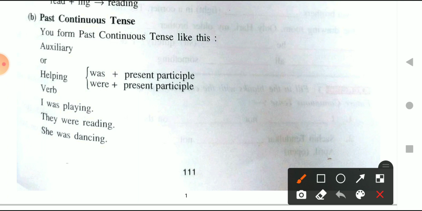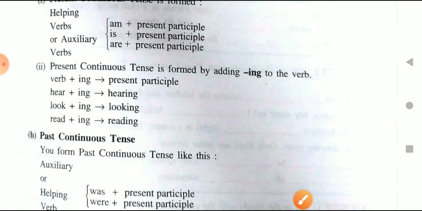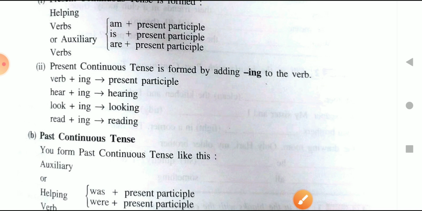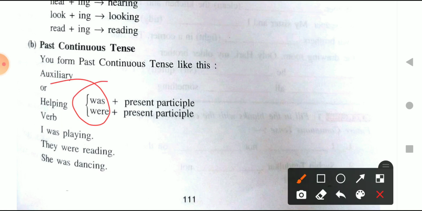In the previous one, present continuous tense, we used is, am, are as helping verbs. Now for past continuous tense, what helping verb will we use? Was or were, and with that we will use the present participle to form the past continuous tense.